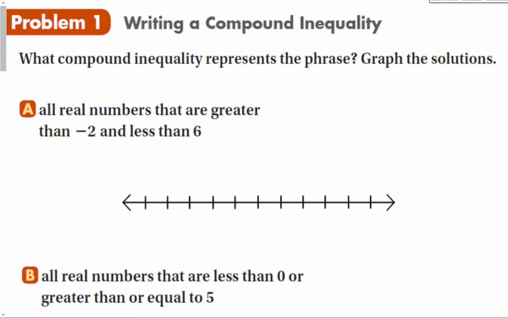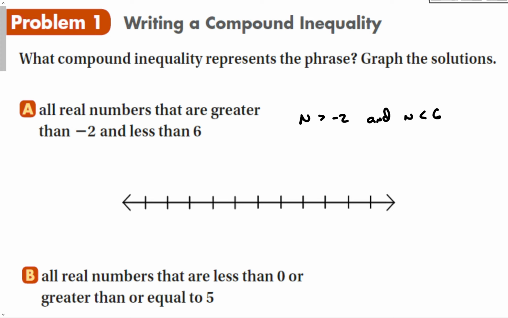Let's make a compound inequality that represents the phrase and graph the solutions. My first one: all real numbers that are greater than -2 and less than 6. So we can say all real numbers n that are greater than -2 and n is less than 6.